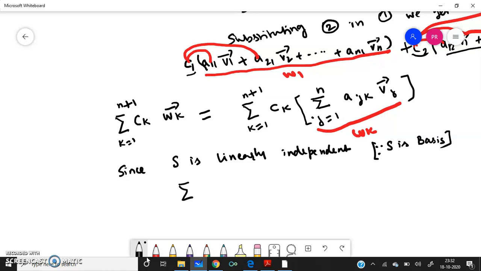Summation k equal to 1 to n plus 1 of Ajk Ck equal to 0 for all j equal to 1, 2 and so on to n.